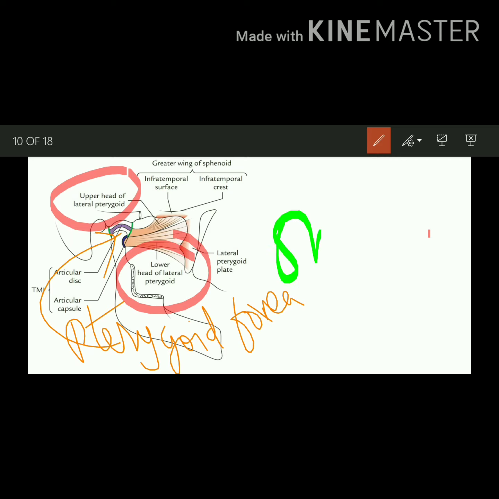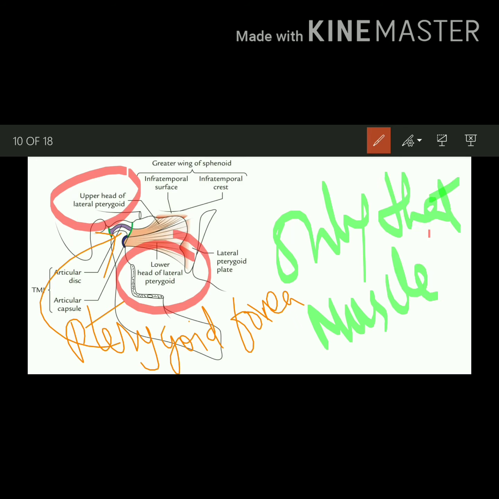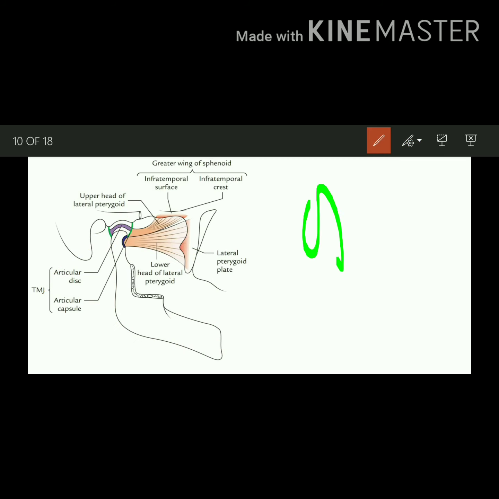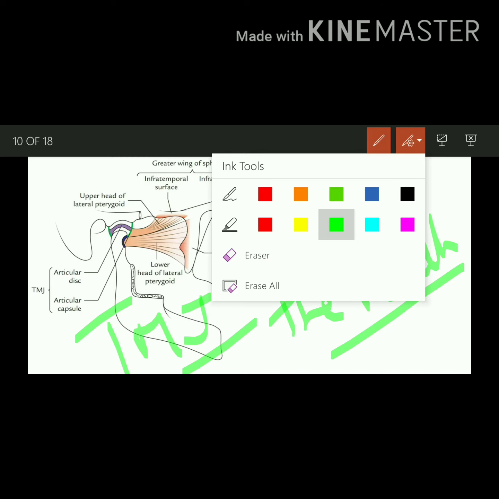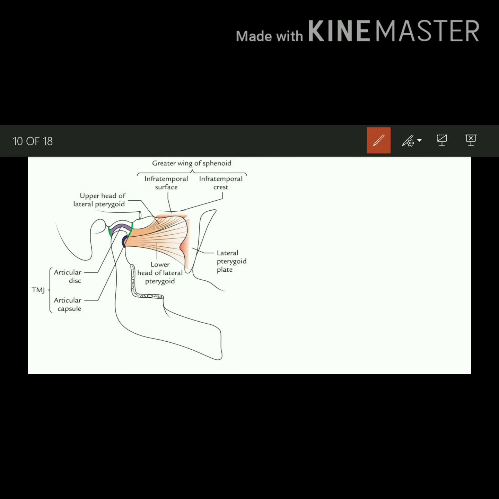This is the only muscle that opens the mouth, or depresses the temporomandibular joint. Important thing to note here. And then we'll go next.